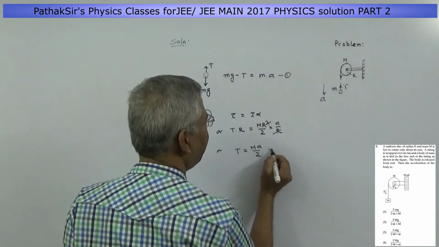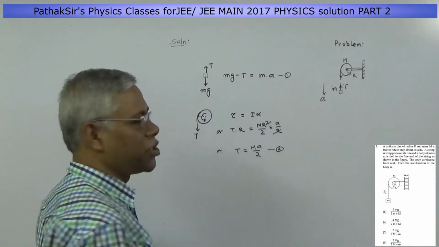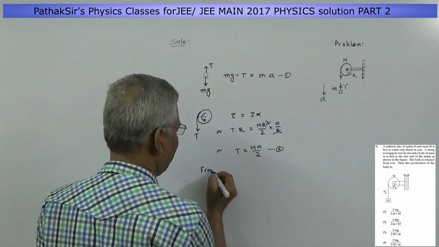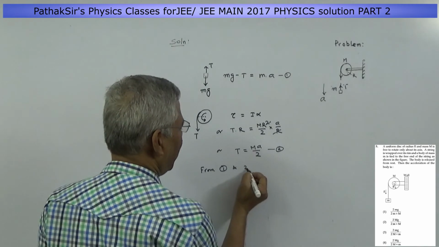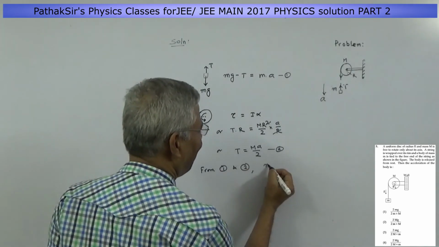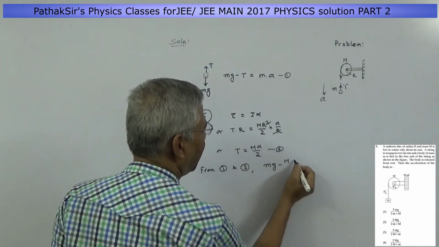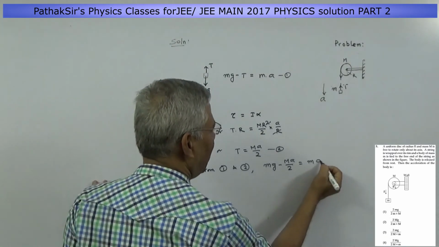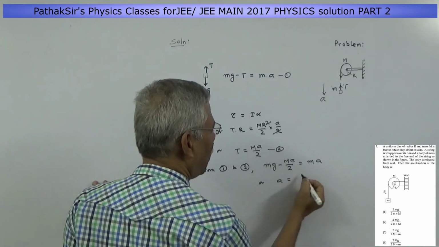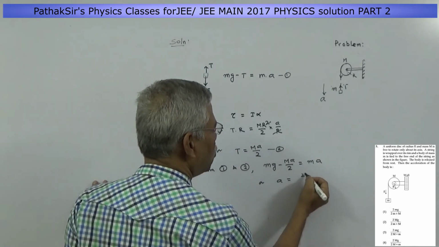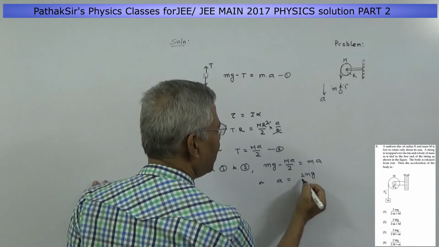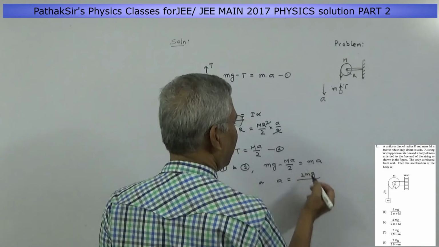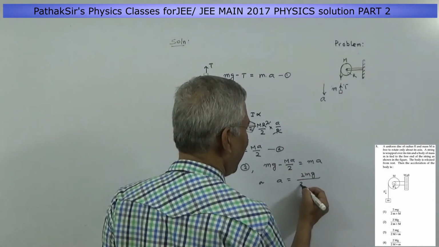First equation, second equation. Just put T and get it. From equations 1 and 2, mg minus ma by 2 equals ma, or a equal to 2mg by m plus m by 2, which is 2m.